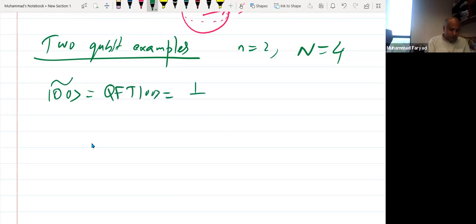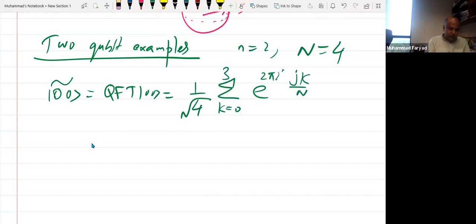So this would be 1 over 4 square root, sum k goes from 0 to 3, exponential 2 pi iota jk over 4, k. But j is 0 because this is 0, 0. So this factor will go away and we will only have 1 over 2 square root.